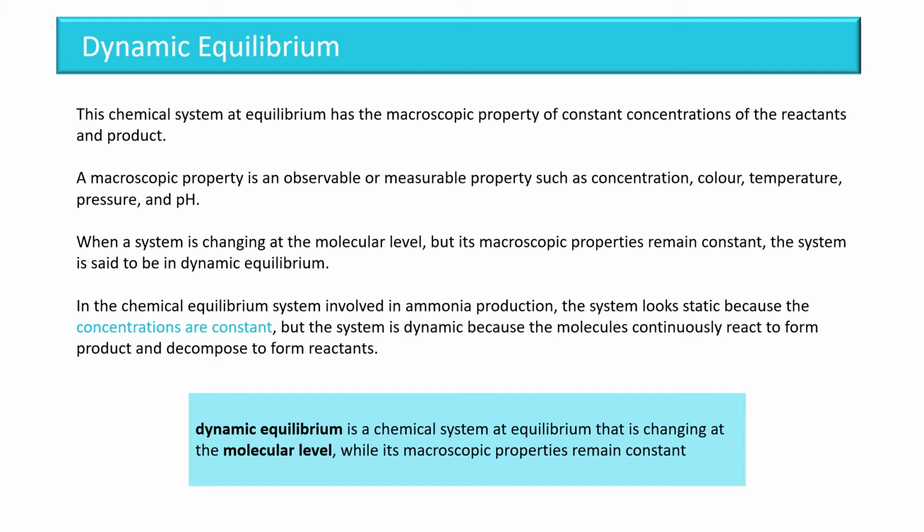Dynamic equilibrium, then, is defined as a chemical system at equilibrium that is changing at the molecular level while its macroscopic properties remain constant.